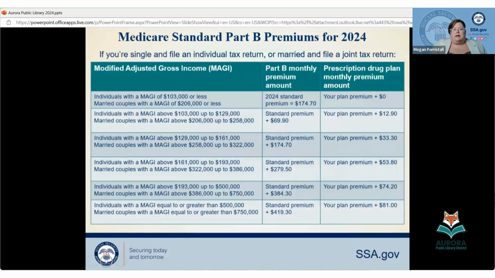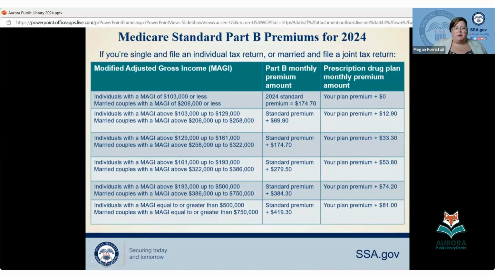Social Security will send out a letter if you are going to have an additional premium onto the base Medicare premium. This year in 2024, the base premium is $174.70 a month, but some individuals pay more for their Part B and their Part D. I'm not going to go through all the chart.